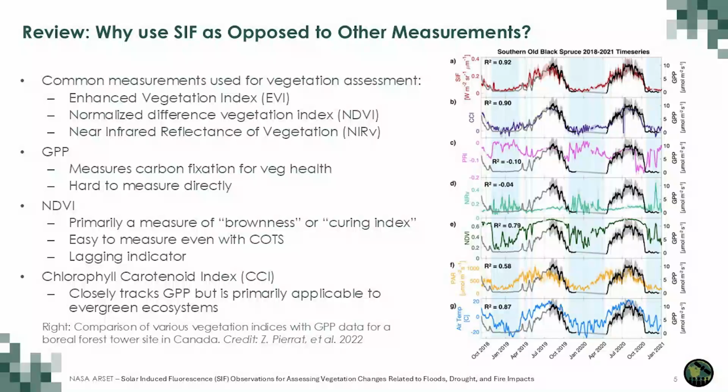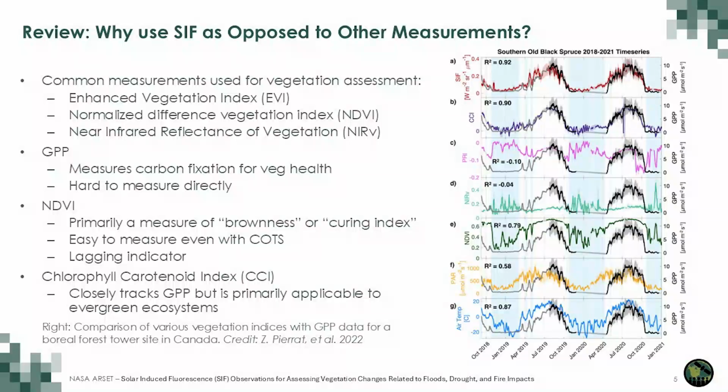The plot on this slide compares some of the metrics I've mentioned against GPP to show how well they're correlated. This data is for boreal forest in northern Canada, so the correlation will vary somewhat depending on the biome type used in your own analysis or in the case study we'll look at today.